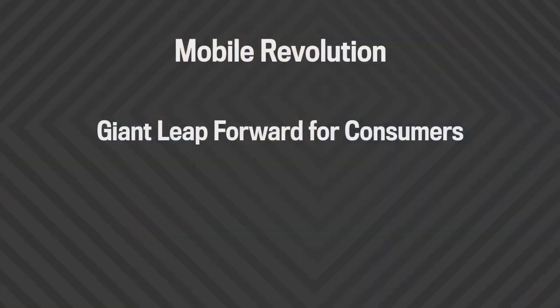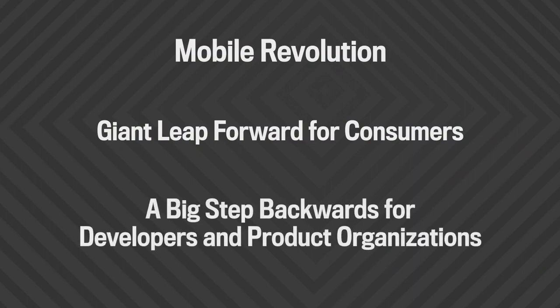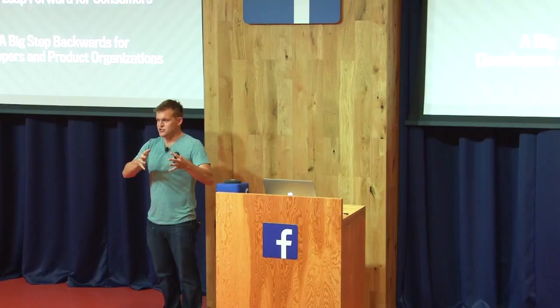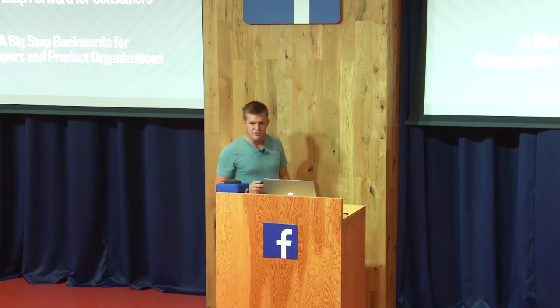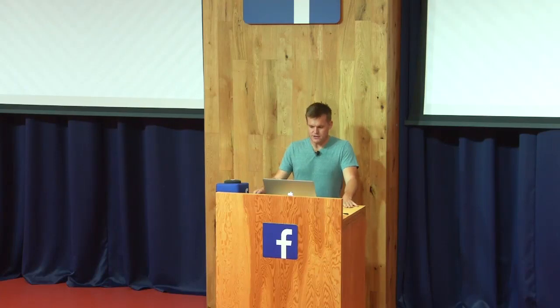For developers and for product organizations, this has been a huge step backwards, right? In terms of our ability to execute on software quickly and without organizational churn. And the real concrete manifestation of this is if you've ever gone from building a large website to building a large native client app, the transition is extraordinarily painful for a wide variety of reasons, both technologically and organizationally.